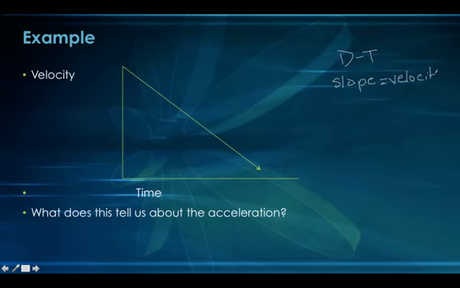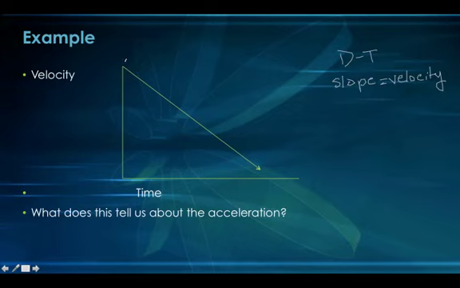So the slope on a DT graph is going to be the same as velocity. So when you look at the velocity here and you want to translate this into a DT graph, so I'm going to make the DT graph from this, I need to look at where the velocity is. That's going to tell me where my slope is.